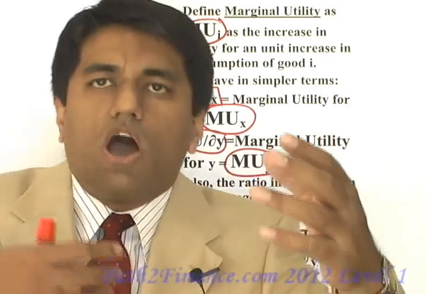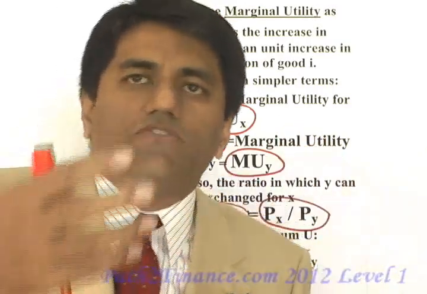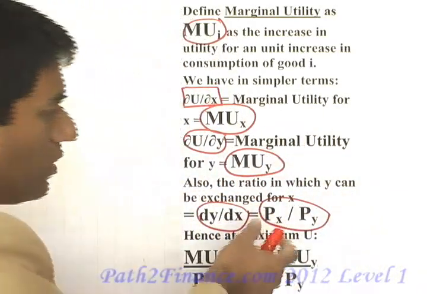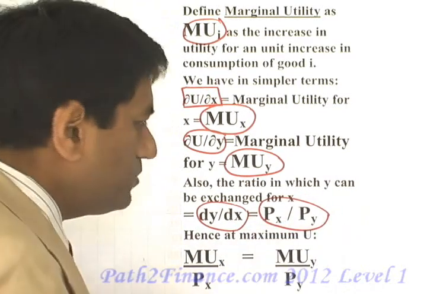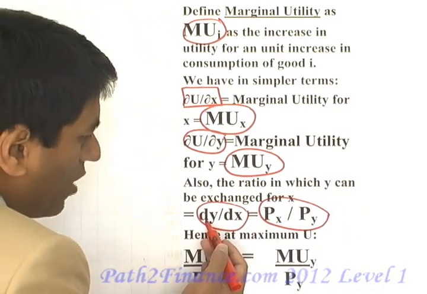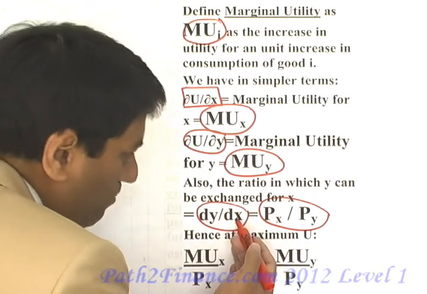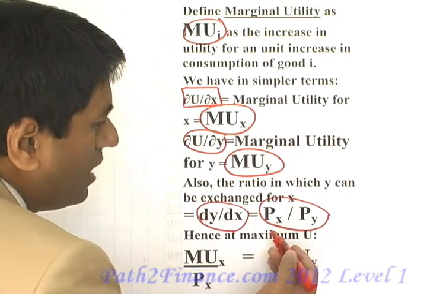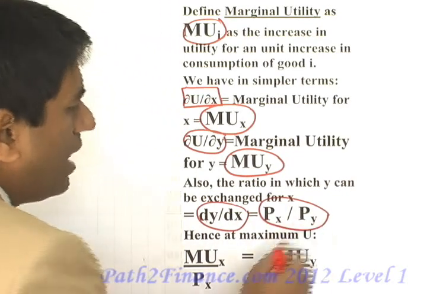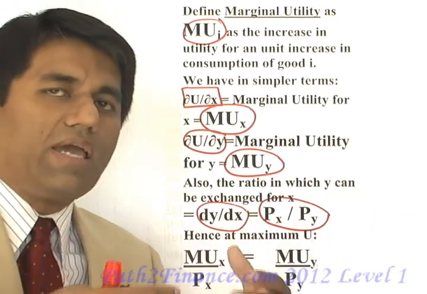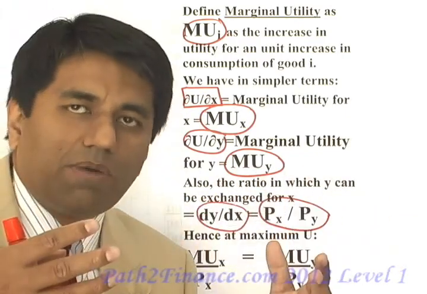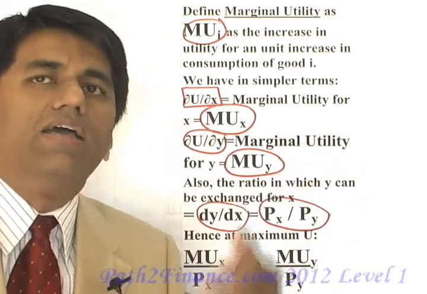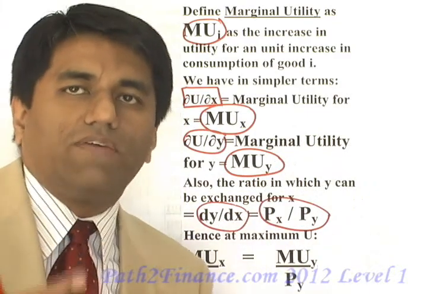So the amount of apple that you can exchange for peaches depends on the relative price of apples and peaches. It is actually equal to this ratio. So this is the number of peaches you can exchange for apples, and that is inversely proportional to the price of peaches. So if the price of peaches is higher, you can exchange less peaches for a given amount of apples, or if the price of apples is higher, then you can exchange more peaches for a given amount of apples.